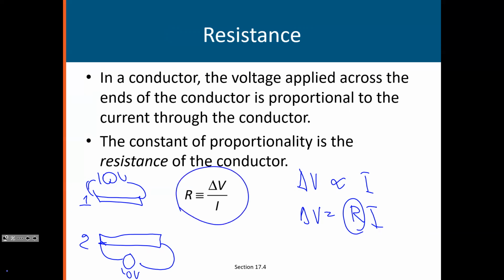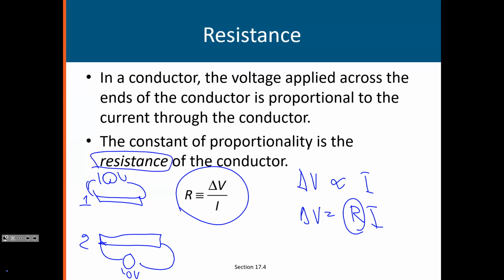For the same voltage, if the current is small, the resistance is high. If the current is big, the resistance is low. So the name resistance is appropriate for this R. R tells you how much resistance that material presents to the flow of the current.